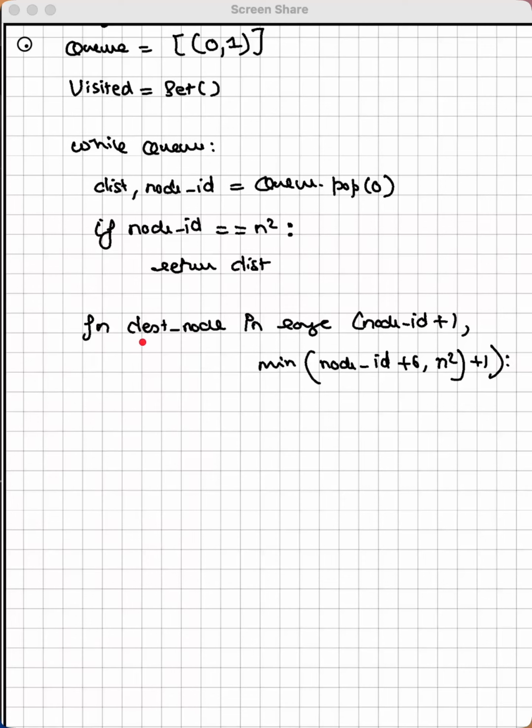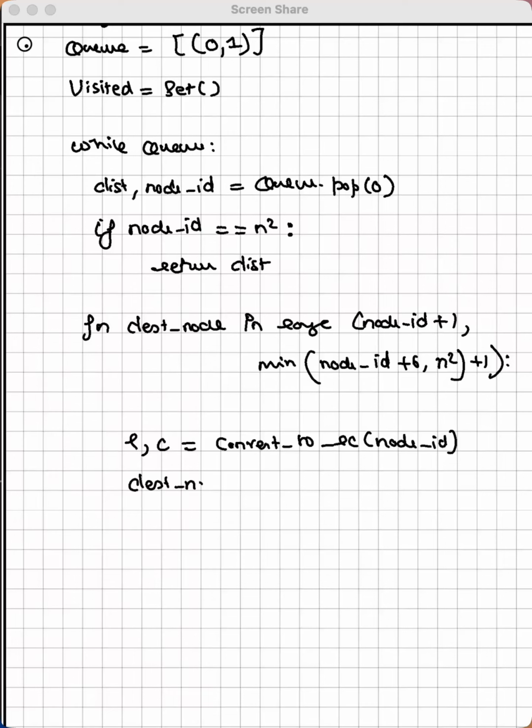But there is a chance that the destination node has either a ladder or a snake at that point. So we need to convert it to row and column so I can check the value. Let's say I have a supporting function called convert to row and column, and you give it an ID.